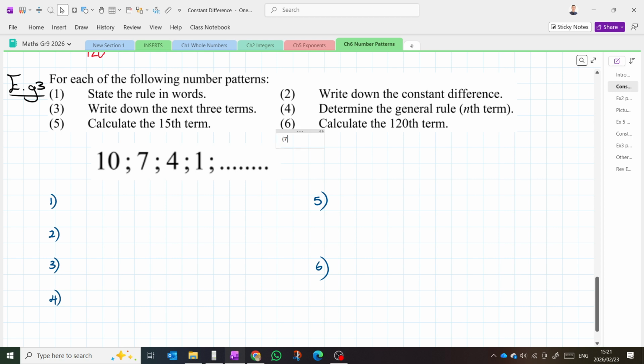7th question is going to be, let's see, determine which term has a value of, now I need to do some maths, so I can pick one that will actually work.